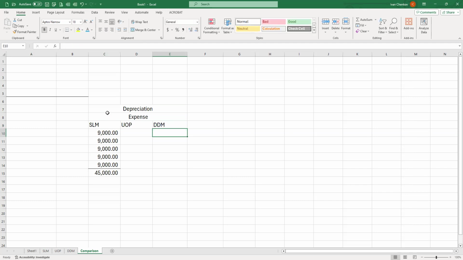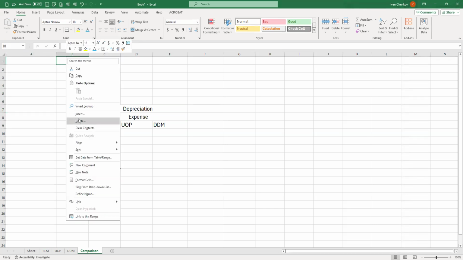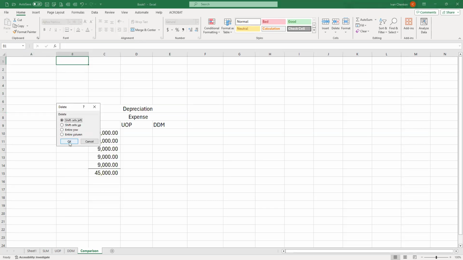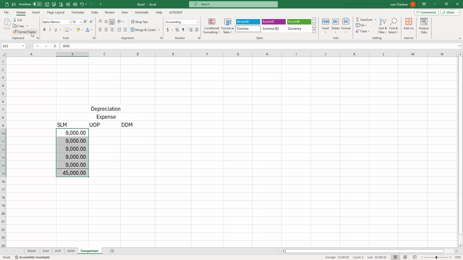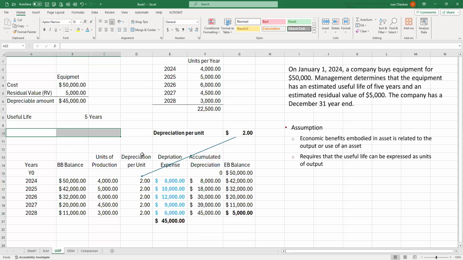Let's compare all those three methods and see what happened and which one gives us the highest depreciation expense, which is kind of a tricky question because technically all the methods should give us the same amount. But let's see if that's actually true. If we compare from the units of production, that was our depreciation expense year by year.